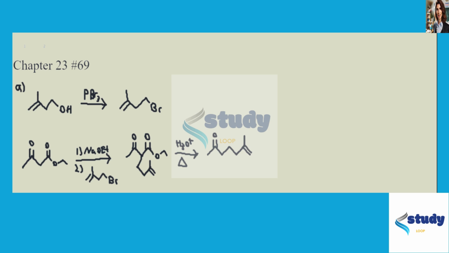Okay, and then from here, all we need to do is install the epoxide, and that we know can be done with MCPBA. Okay, so there we go. There is our product molecule for A.